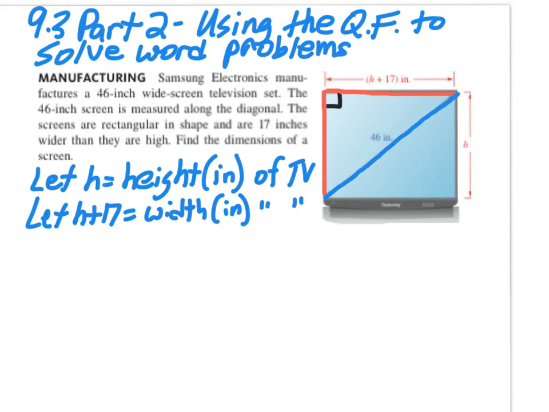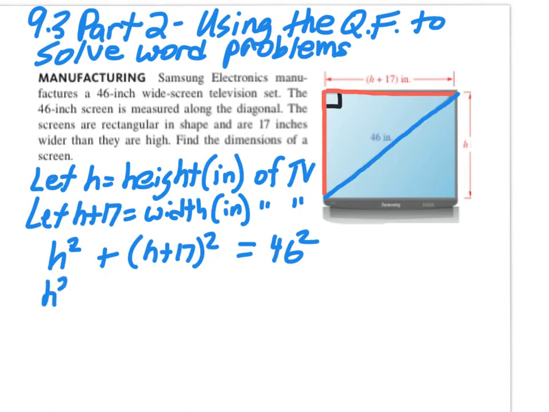So I'm going to say h squared plus h plus 17 squared, that's the sum of the squares of the two legs, equals the square of the hypotenuse, which is 46 squared. Now, that gives me h squared.